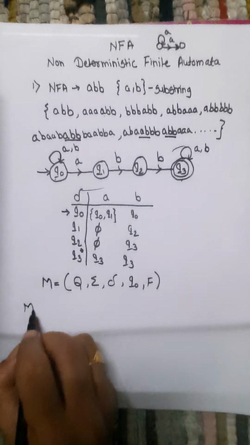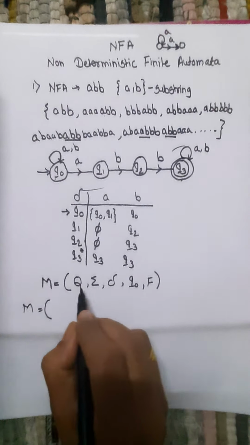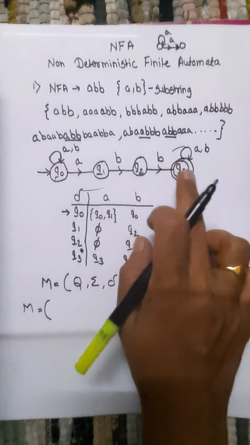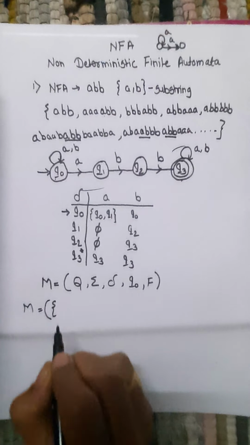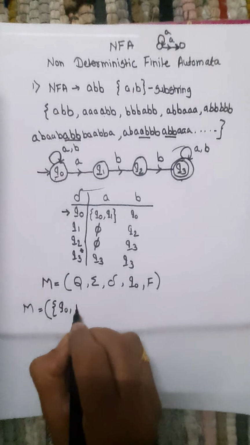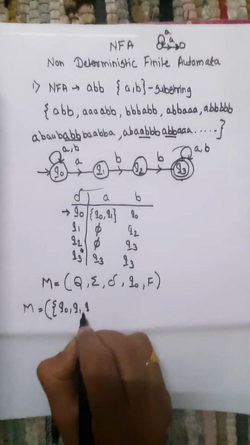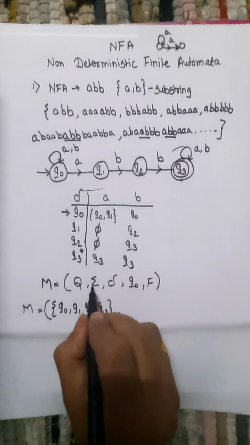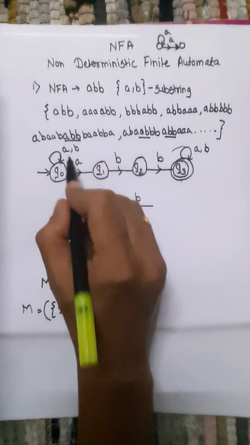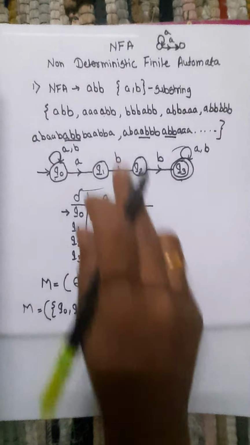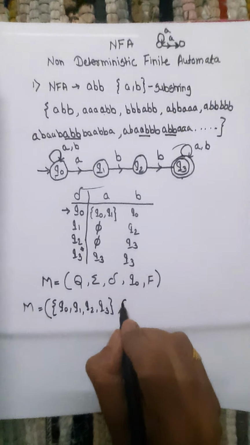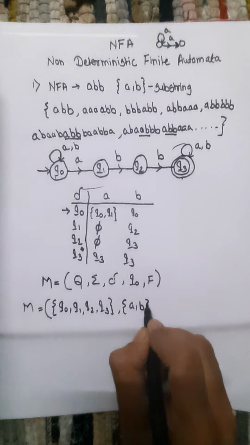So I'll start from this. Now how many states have we used? Q0, Q1, Q2 and Q3. So write a set here: Q0, Q1, Q2 and Q3. Input symbols: only two input symbols we have used, as the question is over an alphabet A and B. So I am writing A comma B.